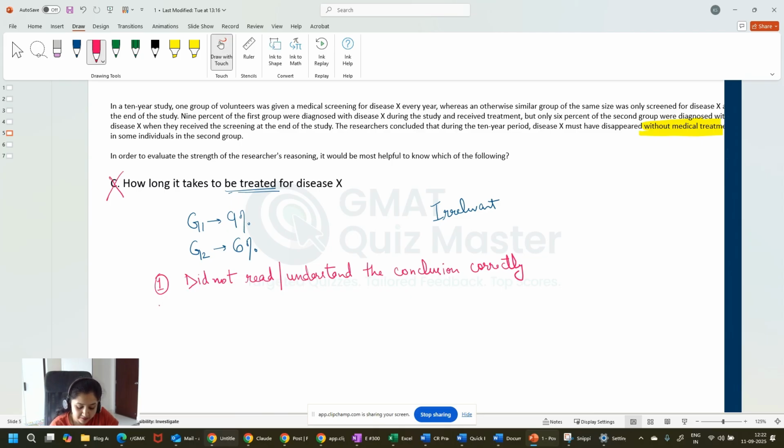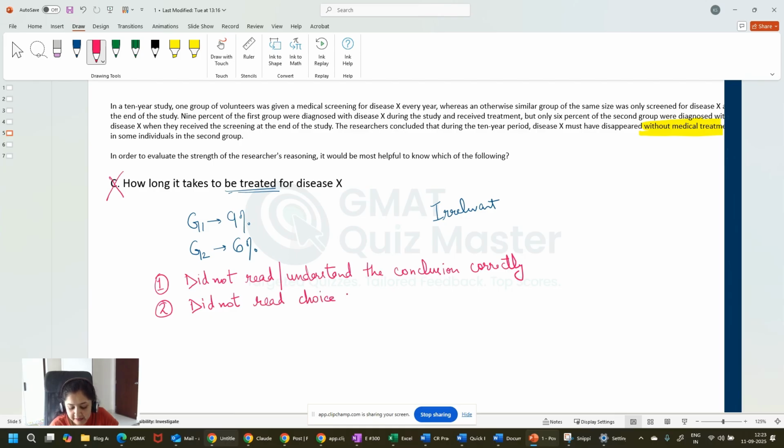The second reason can be that you understood the passage, and like we discussed, one possible situation in which the conclusion can be challenged is that the duration for disease X to disappear without any medical treatment is more than 10 years, right? So you understood the passage, you understood that the conclusion will be questionable in that situation, but you did not read choice C correctly, right?